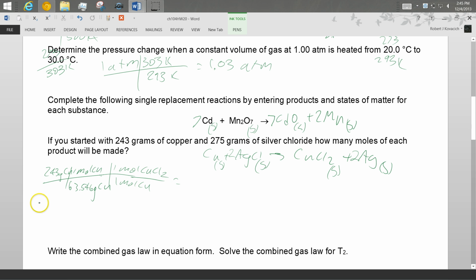And then I've got 275 grams of silver chloride. And then for every 1 mole of silver chloride, how many grams of silver chloride is that? Somebody have AgCl?